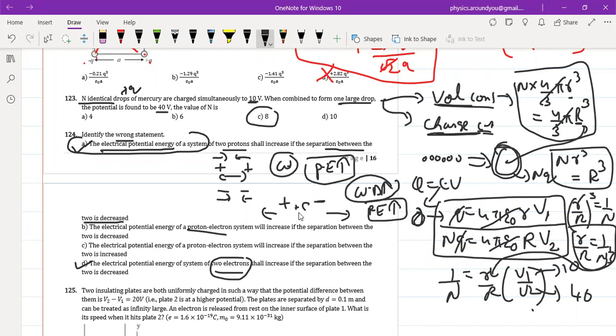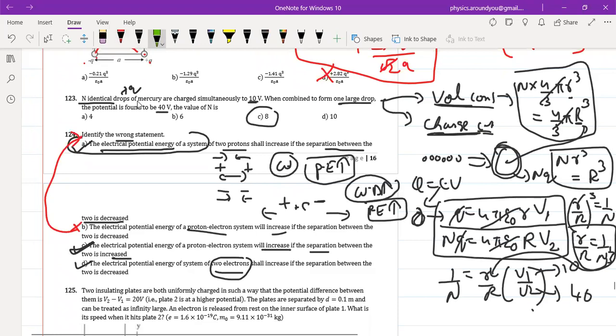So if I pull a plus and a minus charge apart, I will have an increase in potential energy. Therefore, if separation increases, potential energy increases. So this statement is correct. So the only option which doesn't make sense is option B. It is wrong, and they want the wrong statement.